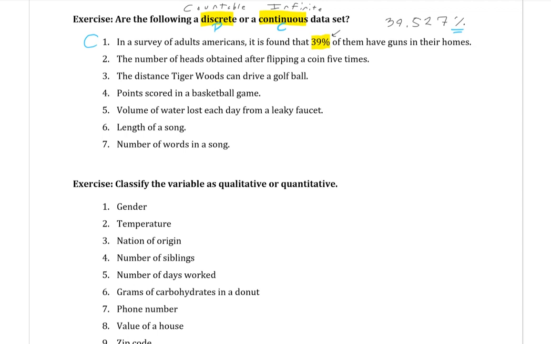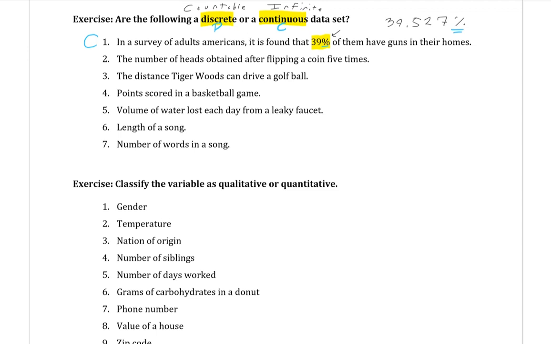Anything between 0 and 100 anyway. So that one is continuous. That one's a little bit contentious, but percentages are almost always considered continuous. Now, if it said something like the percentage rounded to a whole number, then it would be countable because then they could only have like 39 or 40 or 41%. But we don't have any of that indication here. All right, so that one's kind of contentious.